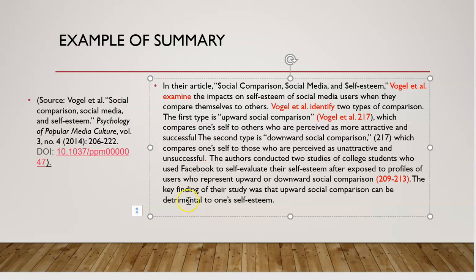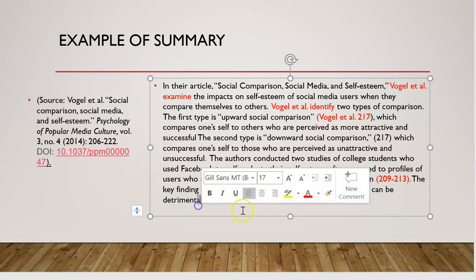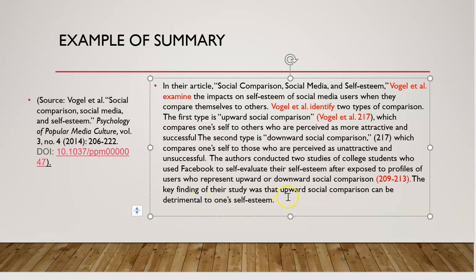So in this sense, I'm interpreting the final key finding of their study that I thought was most important, but usually you can find that in the conclusions of the article or in their discussion section.